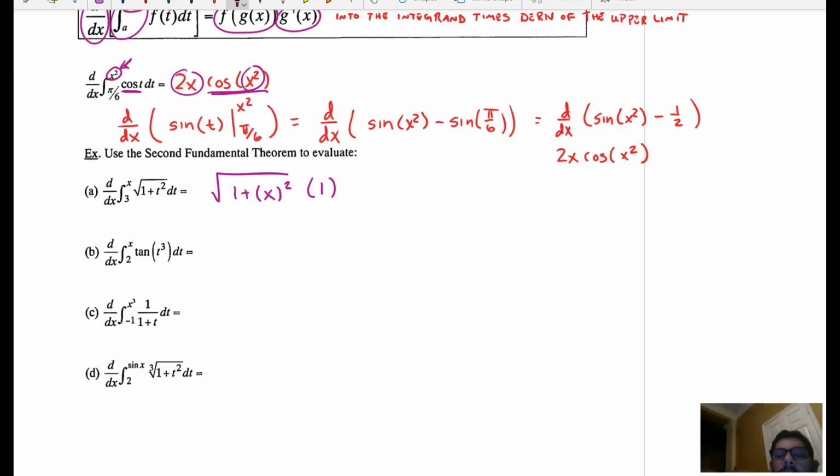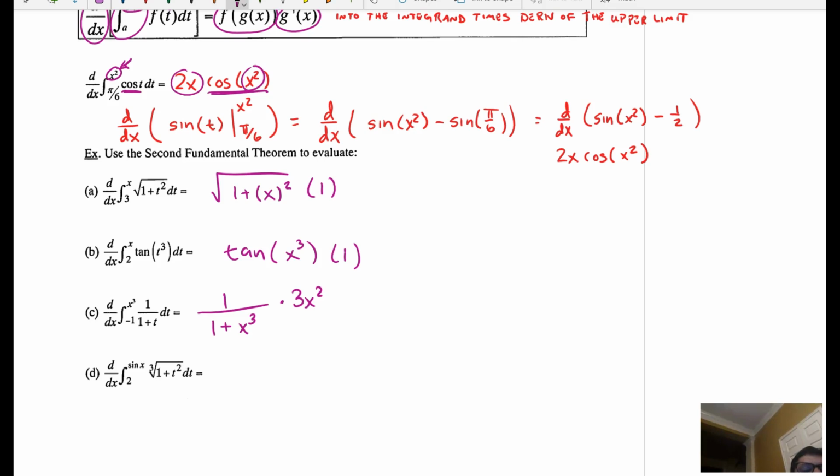Same for the next function. I'm going to plug the upper limit into the integrand. I'm taking the derivative of an integral where the upper limit is a function of x, so I plug the upper limit into the integrand times the derivative of the upper limit.